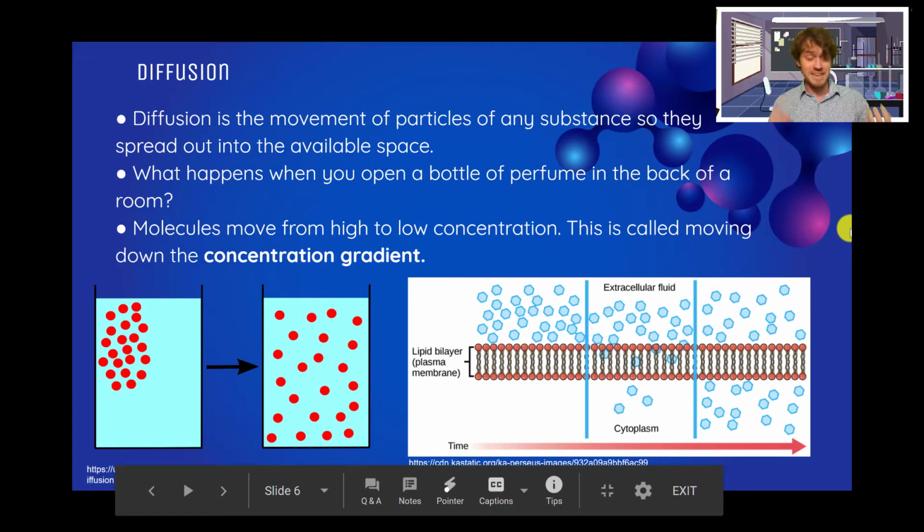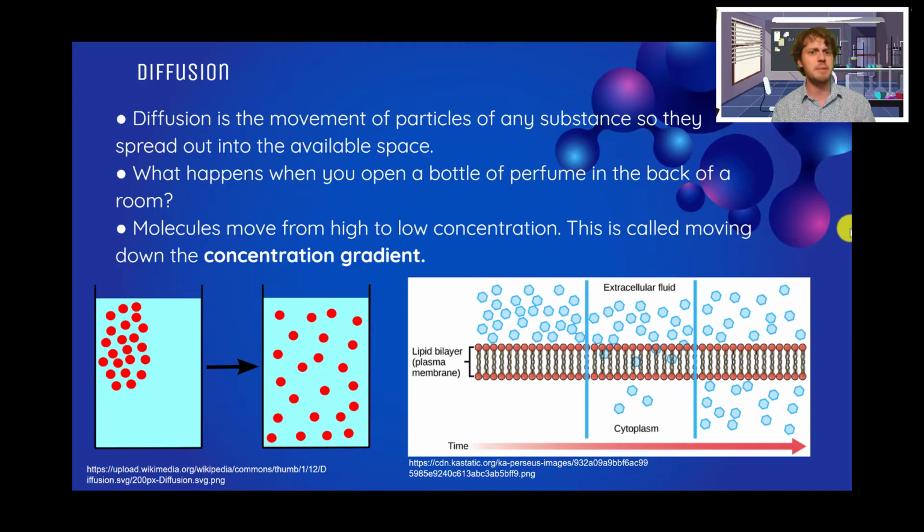So let's get into the meat of this, right? We're talking about diffusion, which is the movement of particles of any substance so they can spread out into available space. One way that I like to think about this is if I were to put a bottle of perfume in the back of my classroom, my students at the front aren't really going to smell it at first.